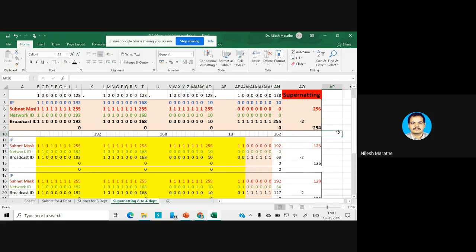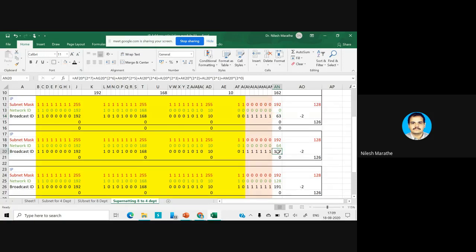Can you tell me which particular block it belongs to? Third. Simple. Where does 162 fall? Not in 0 to 63, not in 64 to 127, it is in 128 to 191.